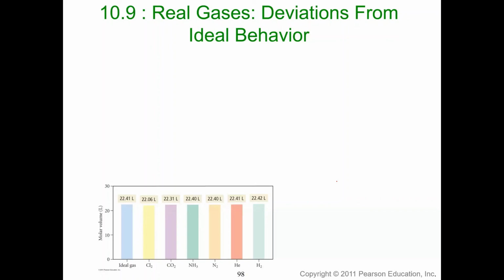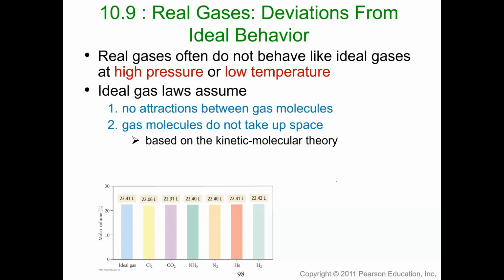Ideal behavior. Okay. Now, ideal behavior, as I said, the gases in two scenarios no longer follow the ideal behavior, either at very cold temperature or at very high pressure. Because something happens in those two scenarios, the ideal behavior is changing.